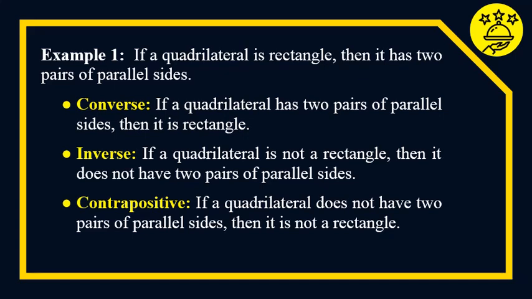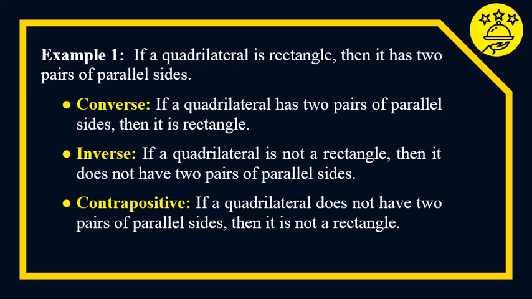Our conclusion: it has two pairs of parallel sides. In the converse statement, we interchange P and Q. If P, then Q. In the converse, we have if Q, then P. Therefore, our converse statement is: if a quadrilateral has two pairs of parallel sides, then it is a rectangle.